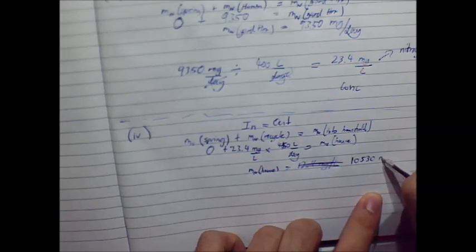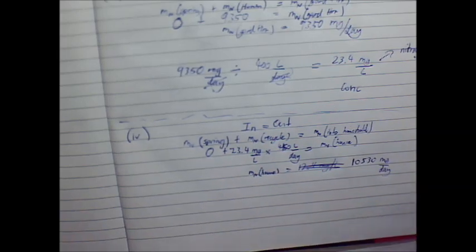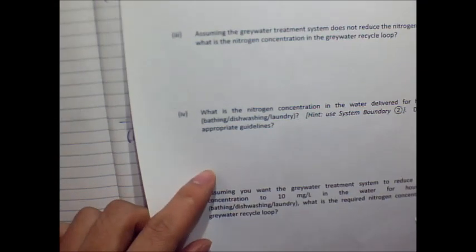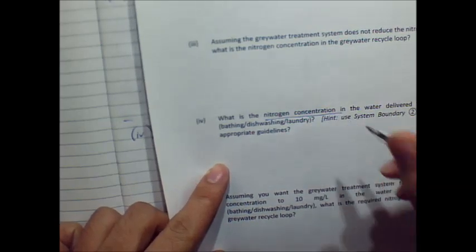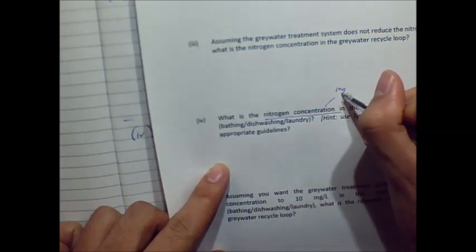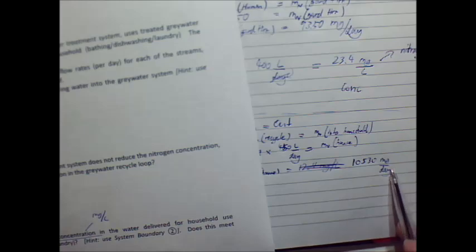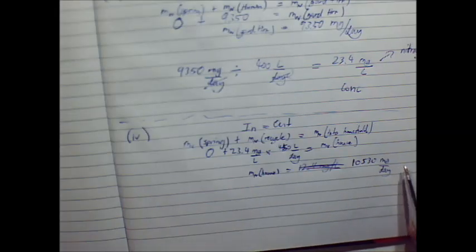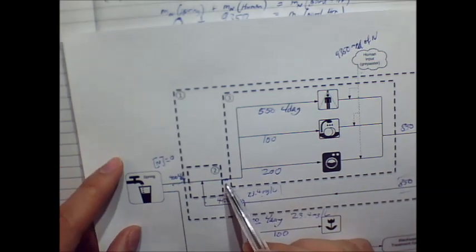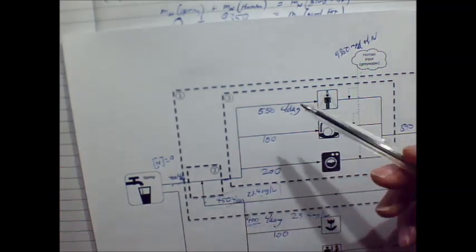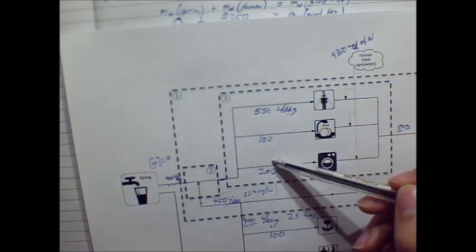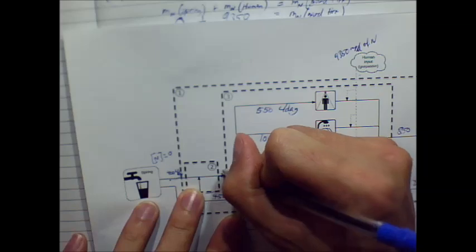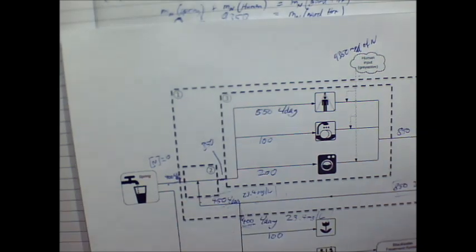10,530 milligrams per day. Now again, the question is asking for concentration. If we have a look at the question sheet, we want nitrogen concentration, and concentration is given in milligrams per litre. So we're going to have to do something about this number to get it into milligrams per litre. All these streams combined give us this flow rate, and the total of these streams is 850, so in here we have 850 litres of water.